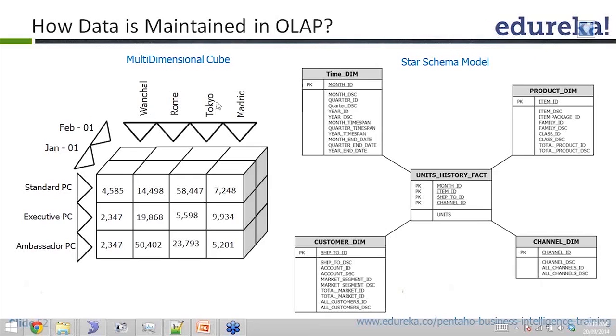So this is geographical information. So if you select these three channels, you will get the numbers, which is nothing but this unit. We have added one extra dimension, which is the customer dimension. If you add one more dimension, customer, then you can get the specific number for that particular dimension as well. So we have covered the multi-dimensional cube and star schema model.